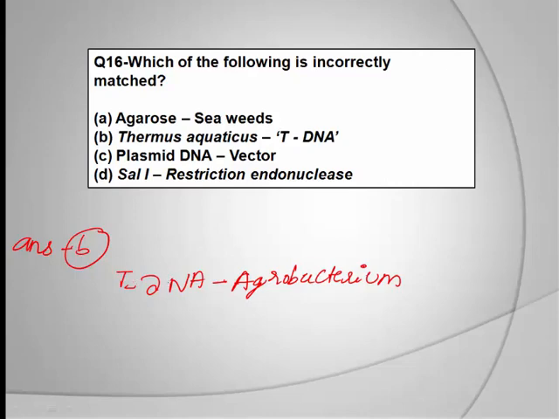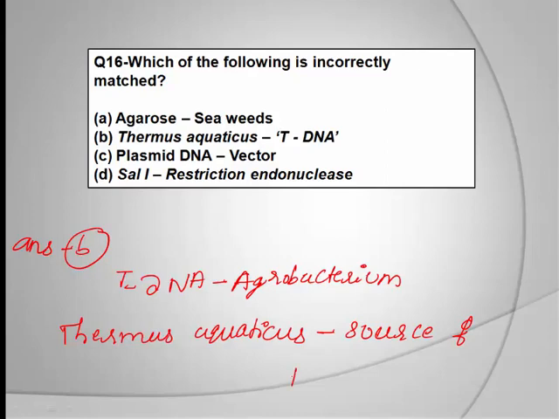Thermus aquaticus is a thermostable bacterium, and from Thermus aquaticus only we are isolating Taq polymerase. It is the source of Taq polymerase. So the wrong match here is answer B.